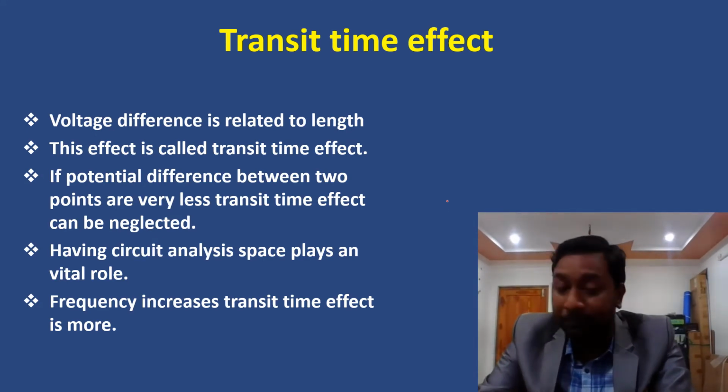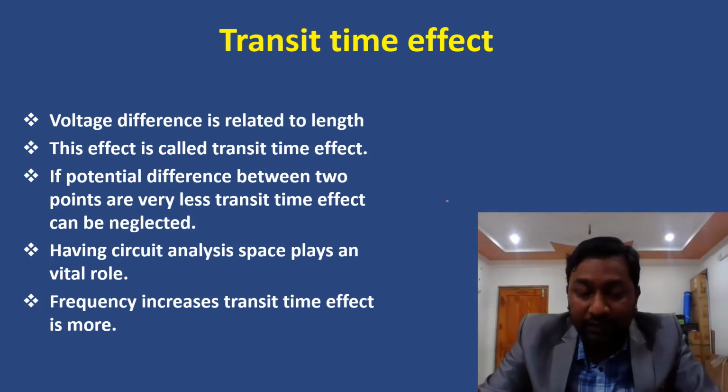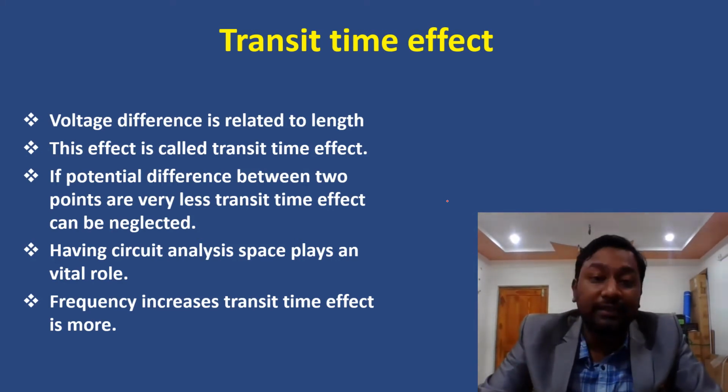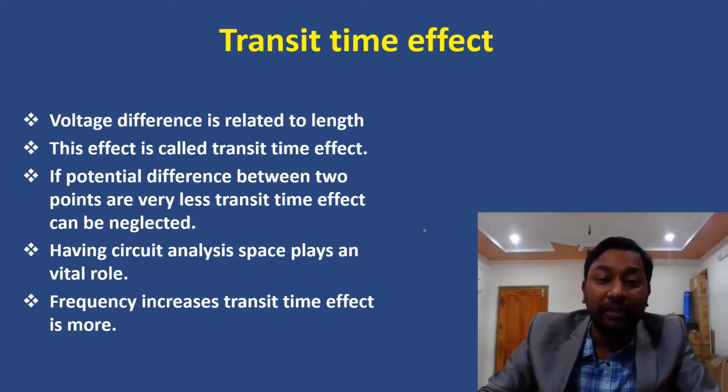This is one way of seeing why there is a voltage difference in a transmission line. Here the voltage difference is related to the length. If length increases, the transit time effect will increase, because transit time is length divided by velocity.